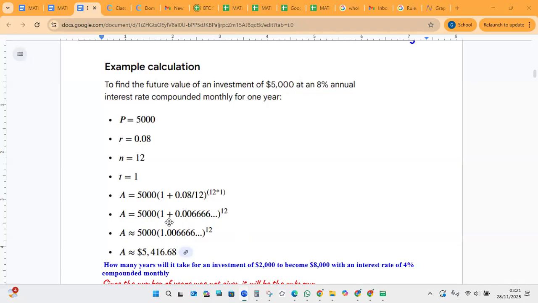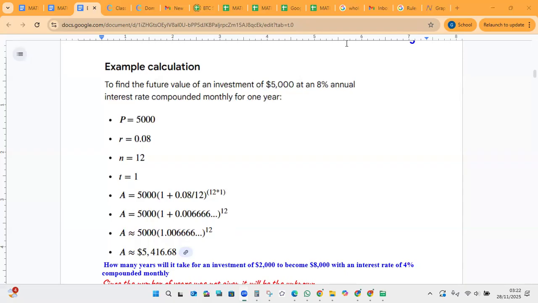And when you add 0.006666, etc. to 1, you get 1.006666. Raise this up to 12, and then you multiply by 5,000 because exponents come before multiplication. So you must raise 1.00666666, etc. up to 12 and then multiply by 5,000 to give you $5,416.68.